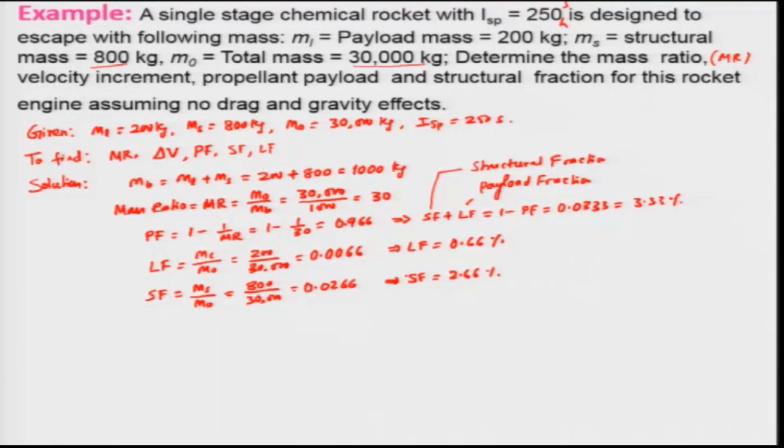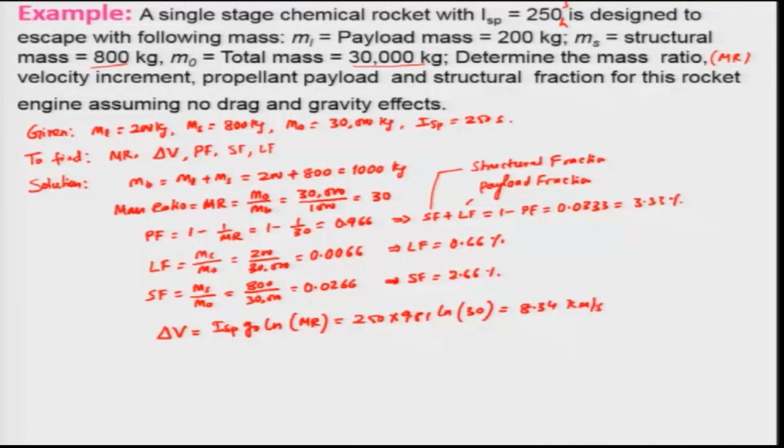We also need to find out the change in the velocity, delta V. Delta V is nothing but ISP g naught ln MR. So, this is 250 into 9.81 ln of 30, that is 8.2 kilometer per second.